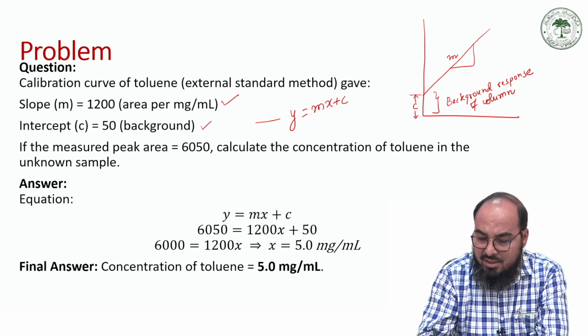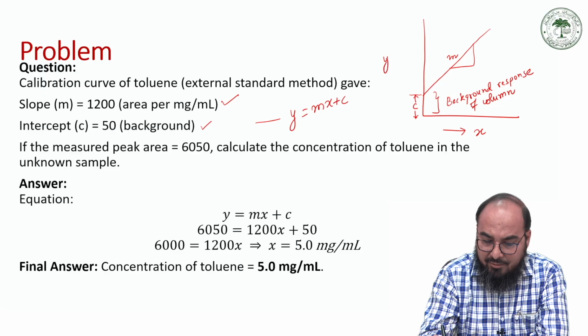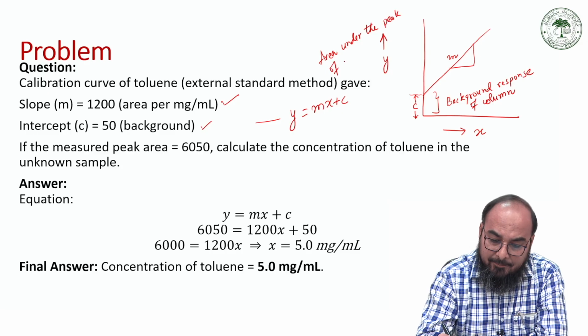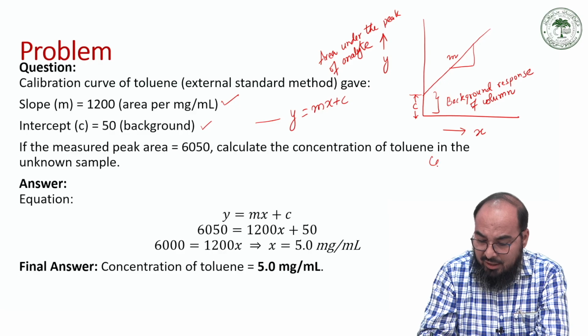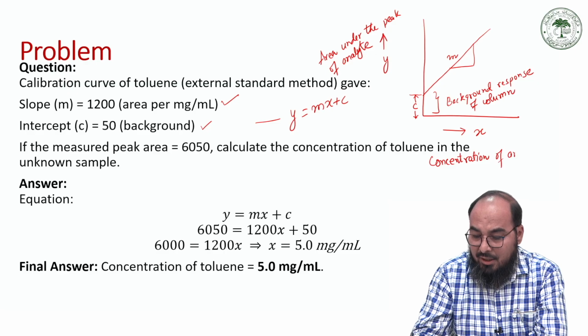This is c, up to this point. This is actually X, and this is Y. This Y is the area under the peak of analyte. This X is the concentration of analyte.